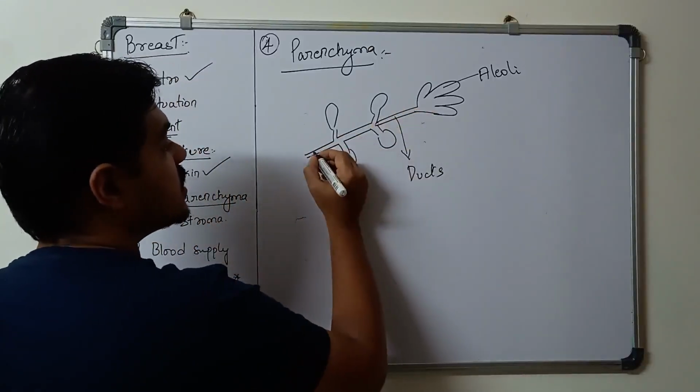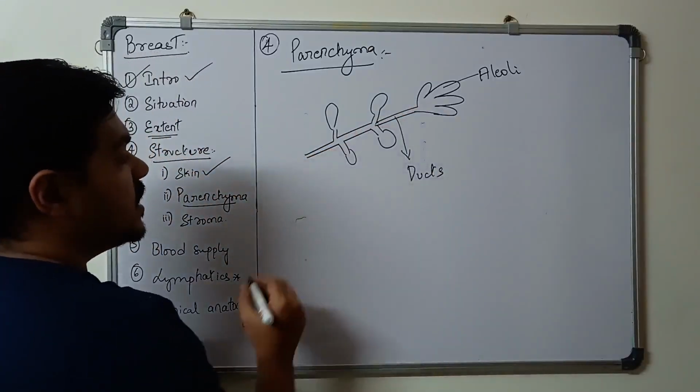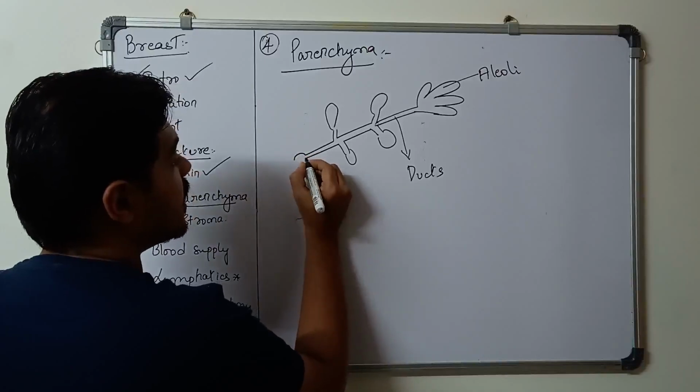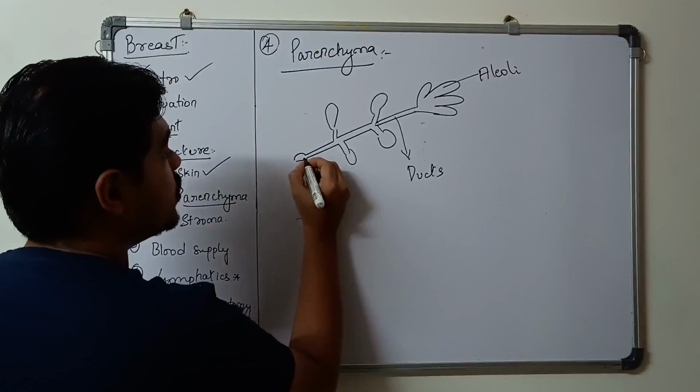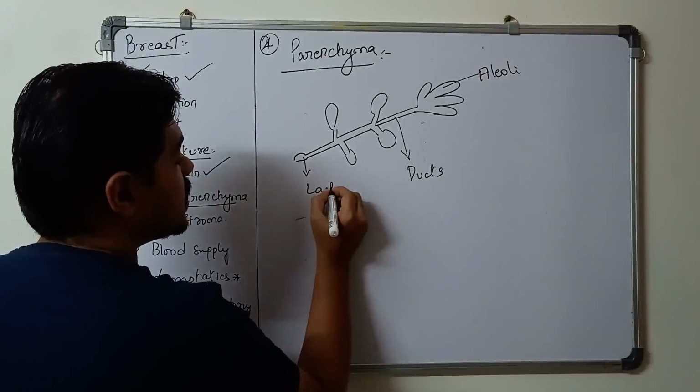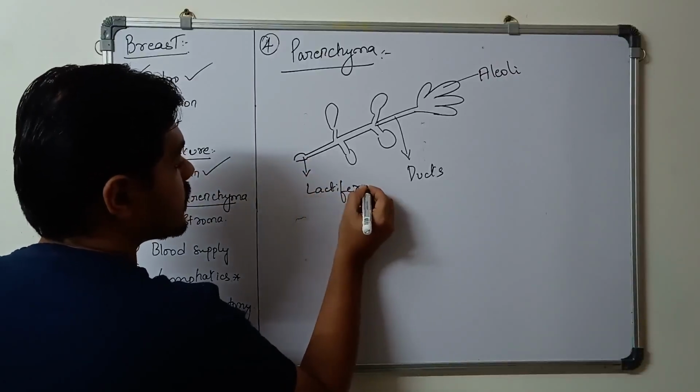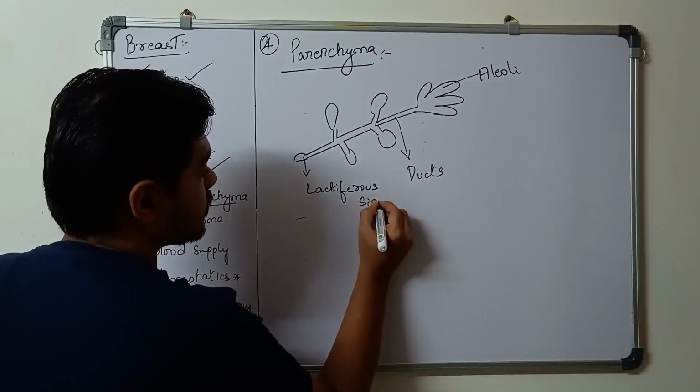And each duct, the entire thing is a duct, each duct at its terminal end, just before it penetrates the nipple, dilates to be called as a lactiferous sinus.